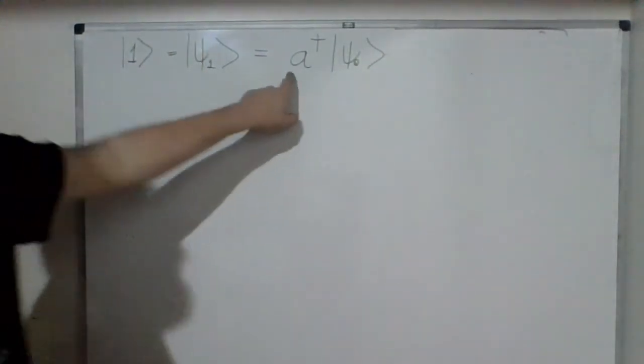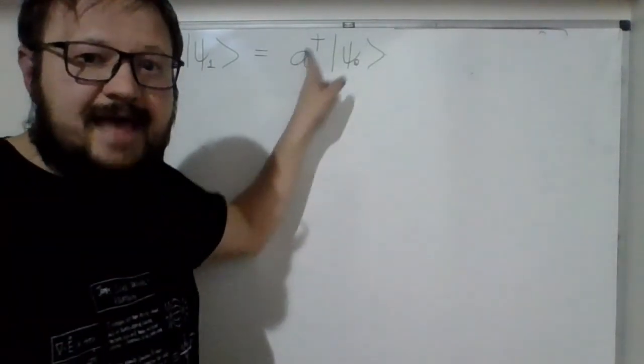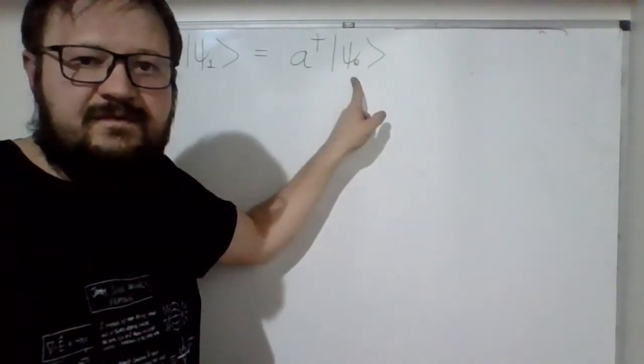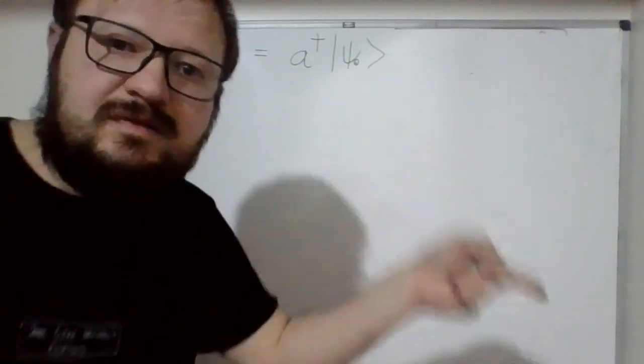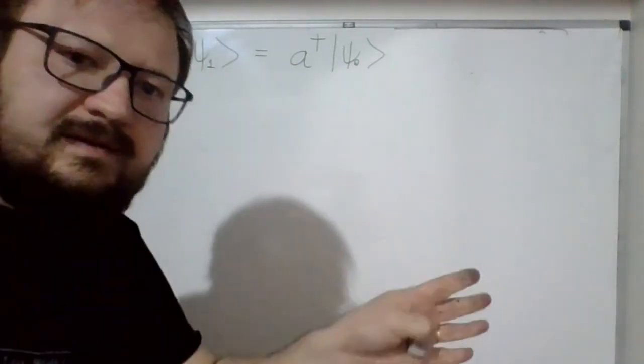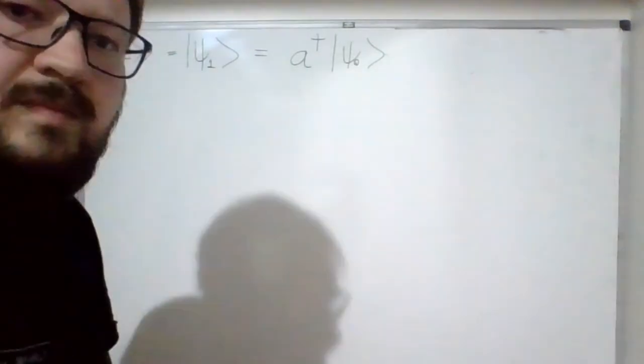We will operate the A dagger on the vacuum state, the 0 state, and we will try to find out what it does to the system.